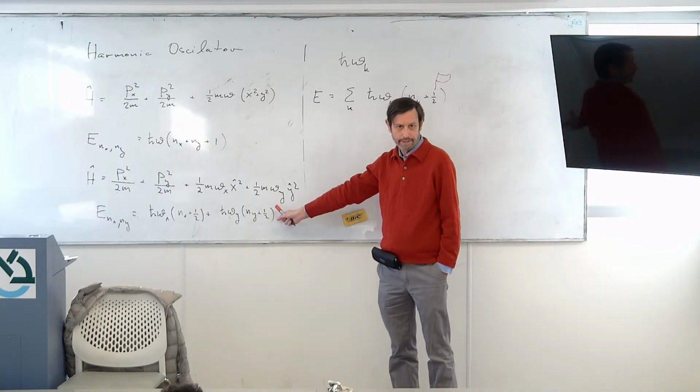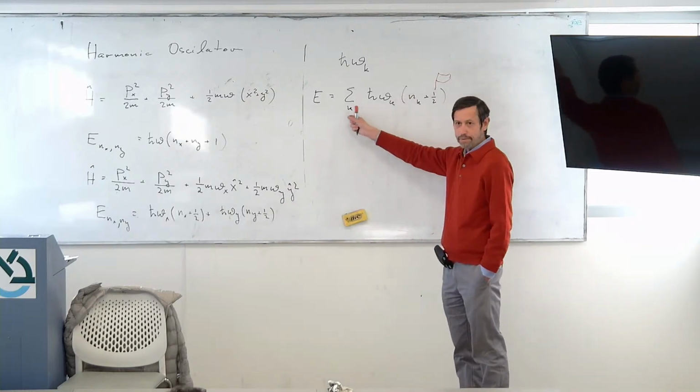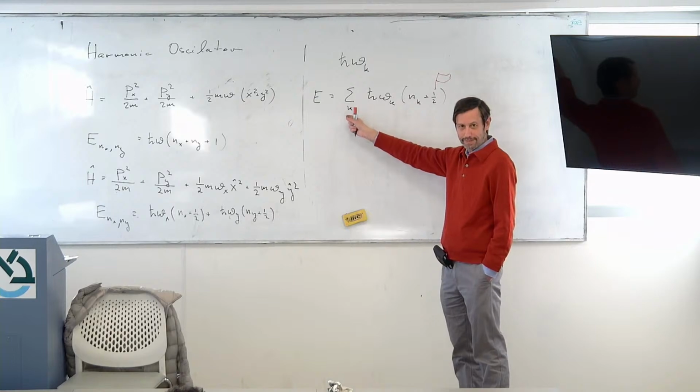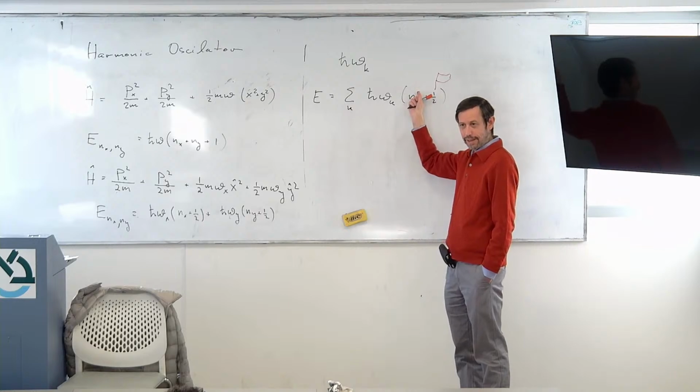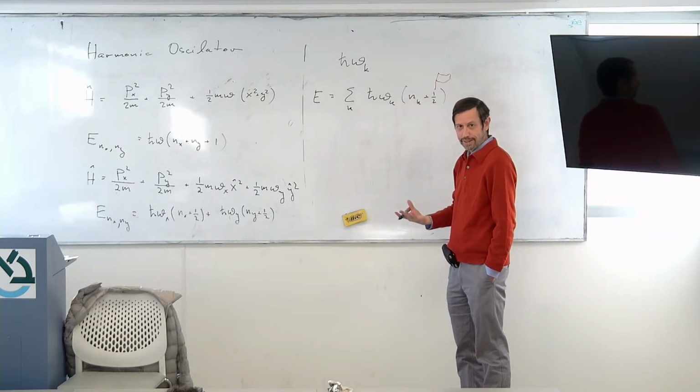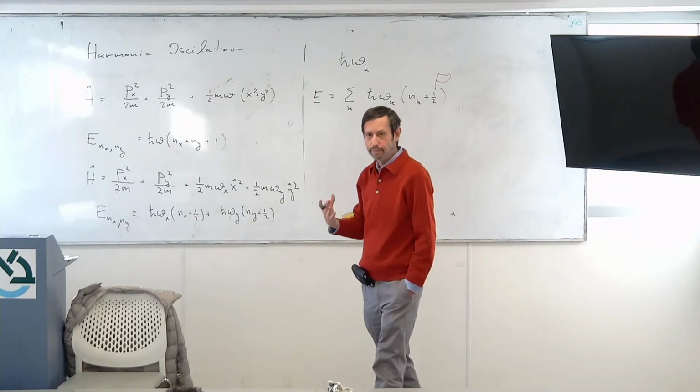I can add a constant to energy as much as I like. But if k becomes a continuum, this integral diverges. So the quantized energy of any field diverges. And that stops the development.